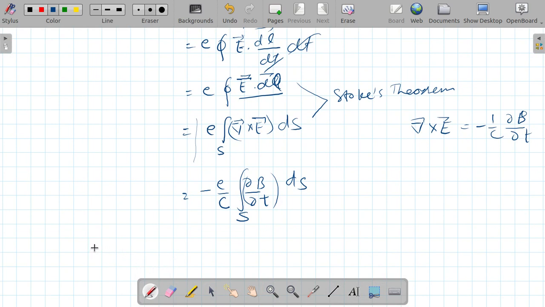So that means this change in kinetic energy is minus q by c surface integral of curly B over curly t into dS.